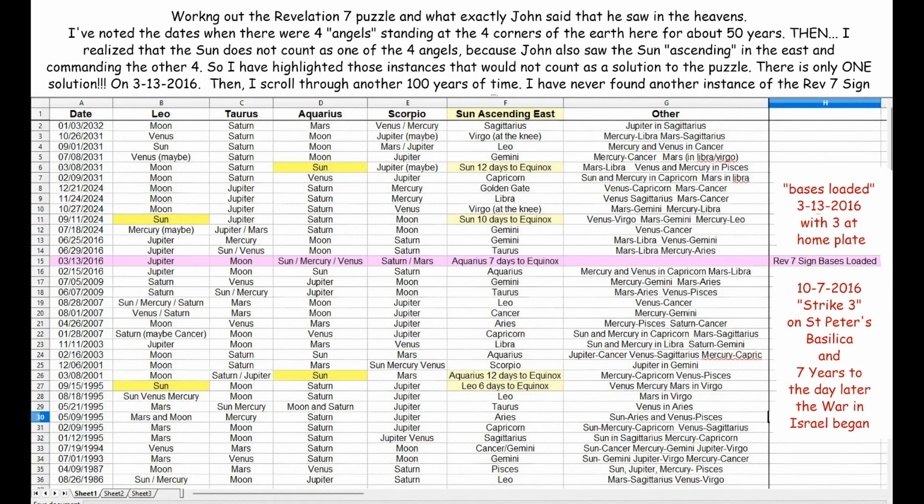And that column is a complete mess, with planets in other constellations that I've noted on all those dates, except for one single date that totally stands out like a sore thumb. It's completely blank, because God had all 4 of his bases loaded on 3/13 of 2016.